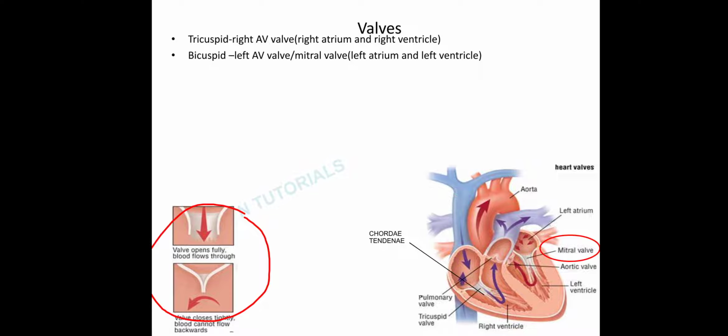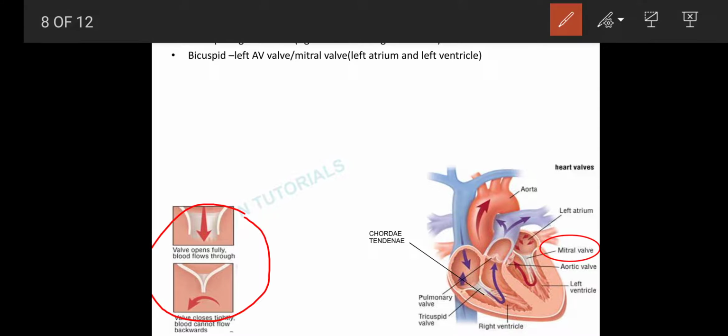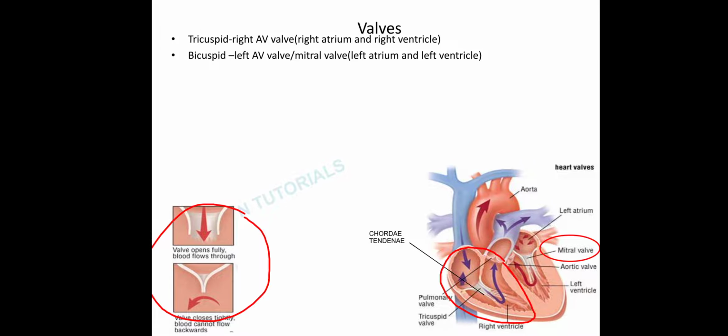Now over here we'll see how these valves, especially the atrioventricular valve, what is the structure that prevents the backward movement of the valve. Now just observe this right side of your heart. Suppose there is blood filled in your atrial chamber.